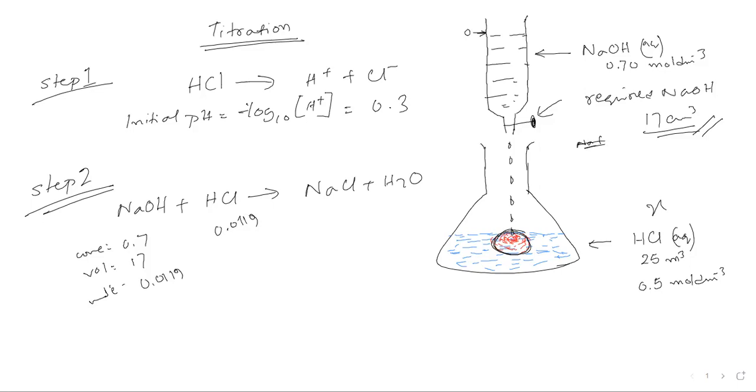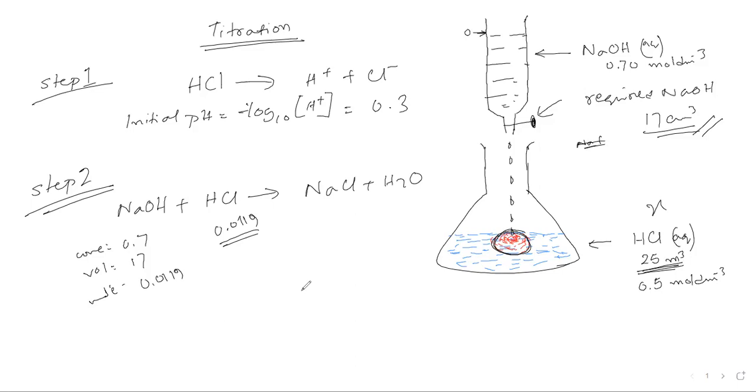Now if that's the case, then we can say that the mole for HCl is this one, and the volume of HCl is 25 cm cube. So from them, we can find the concentration.